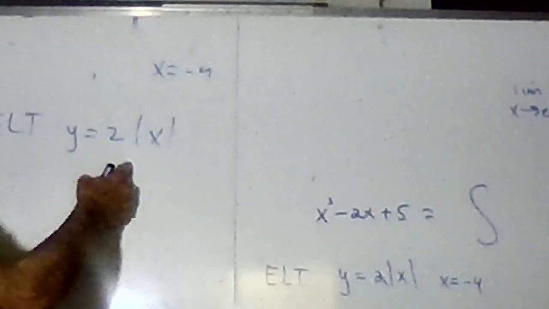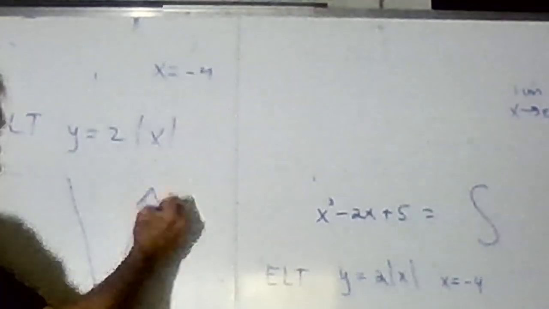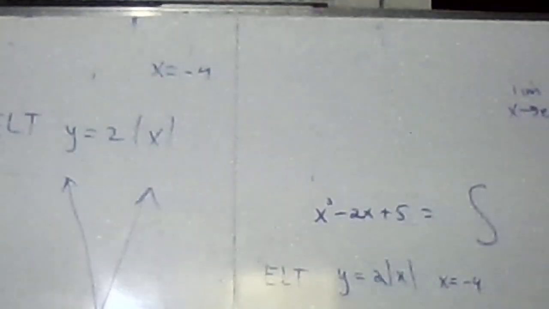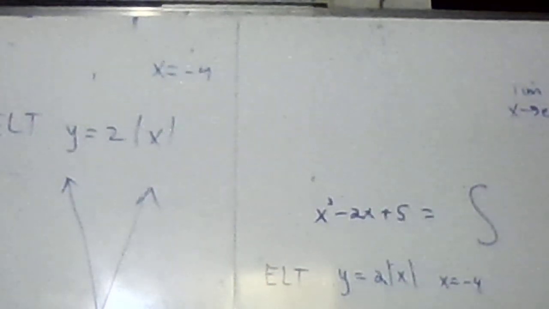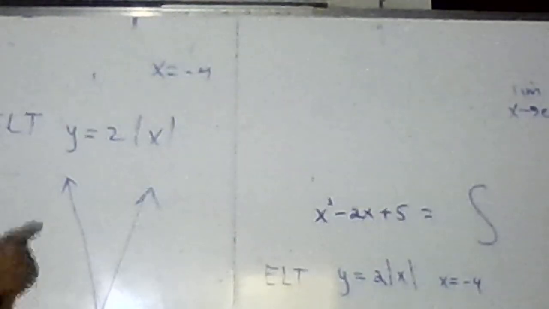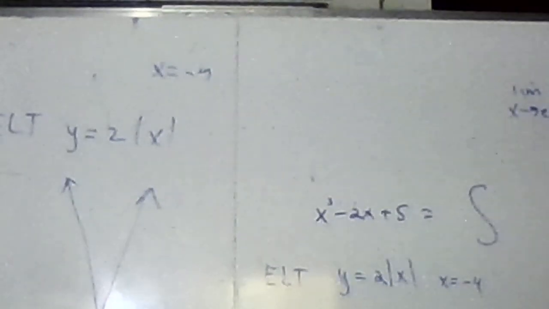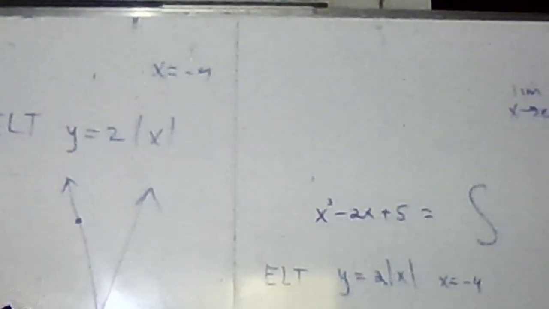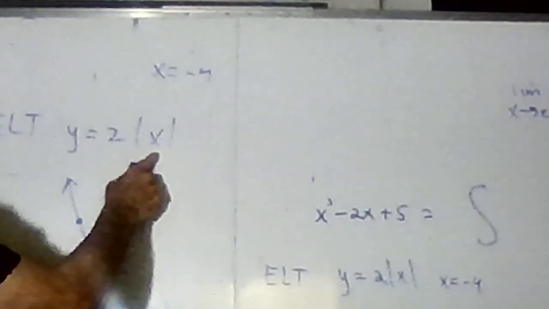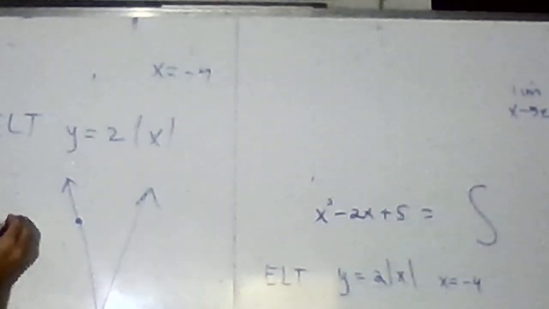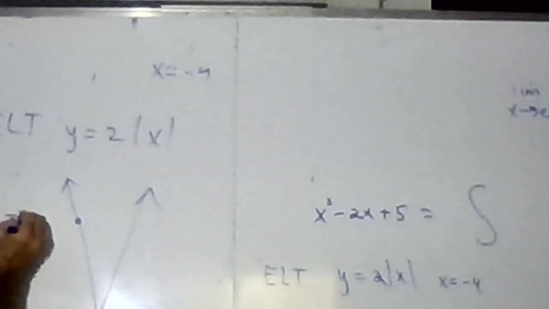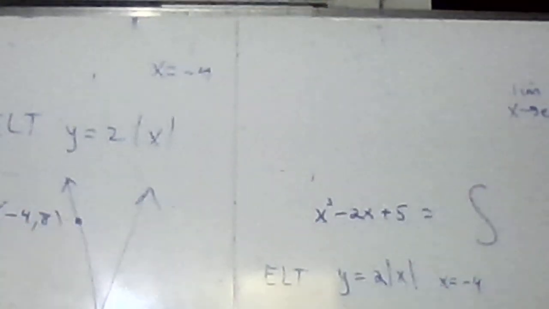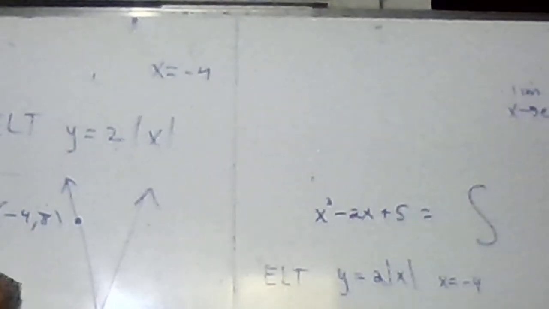Well, I know what this graph looks like, and that's what I said you should do when you're working with absolute value. Draw a picture, and I can see that 0, 0 is the vertex, and I can see that if I put negative 4 in, the absolute value of negative 4 is 4 times 2 is 8, so I get negative 4 comma 8, so my change from negative 4 to 0 is over 4 units, and 8 to 0 is down.